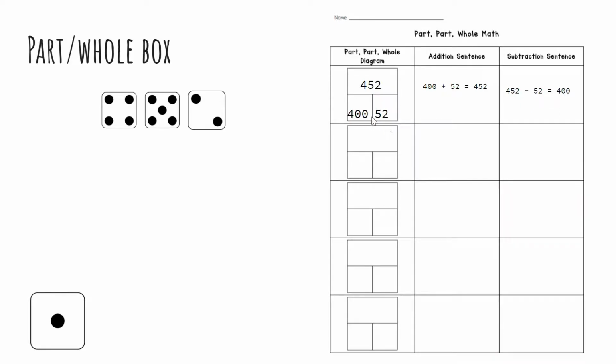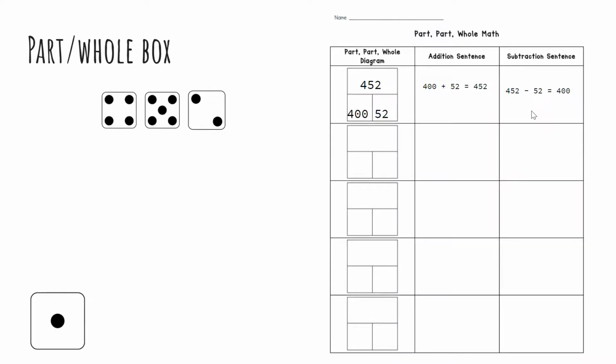And I know if I add these two numbers, 400 plus 52, I will get the number 452. Now my addition statement is 400 plus 52 equals 452, but I can also look at it in a subtraction way where I take 452, I subtract 52, and that will give me 400.